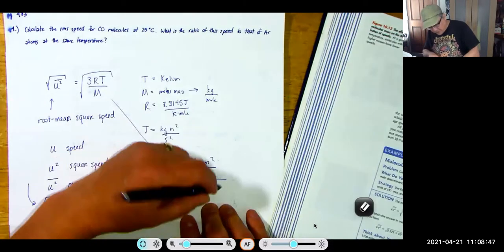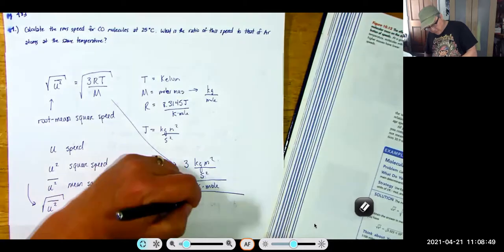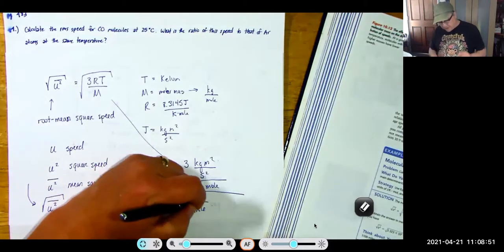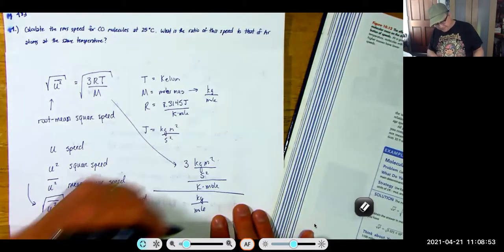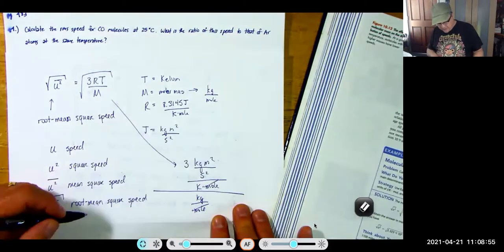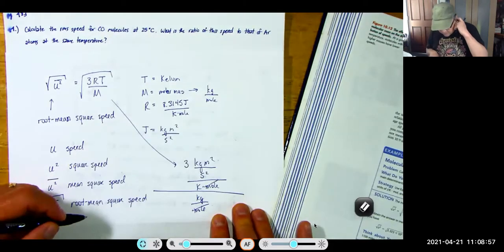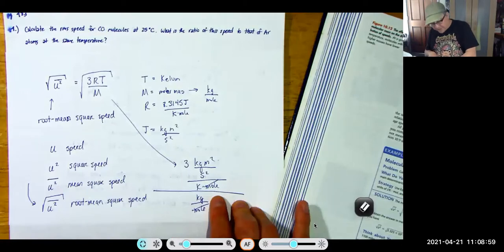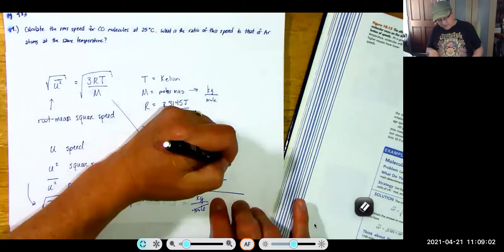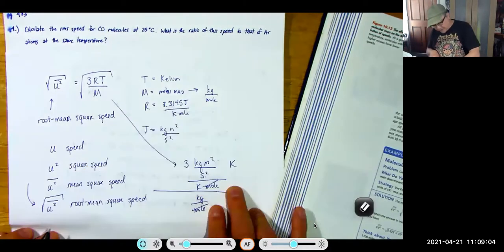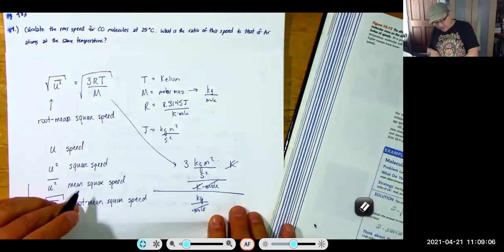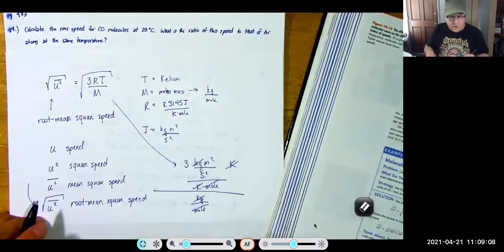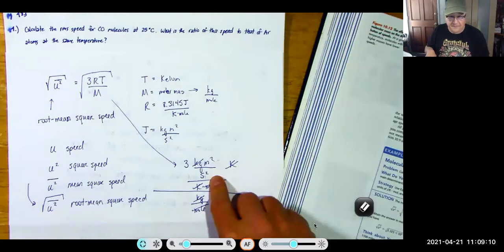And then all of this over kilograms per mole. And so what happens here is the moles cancel. I forgot the temp. The temp is in Kelvin, so the temps cancel. The kilograms cancel. And then you have meters squared over seconds squared, right?